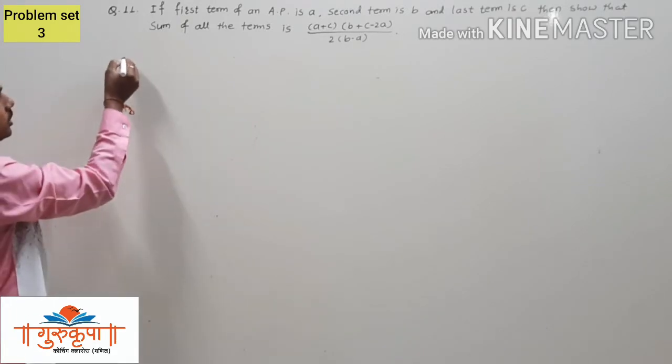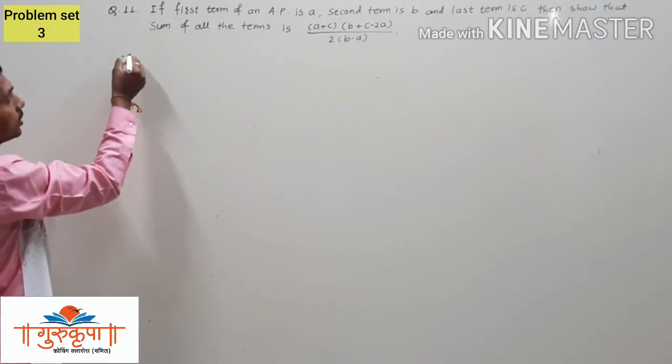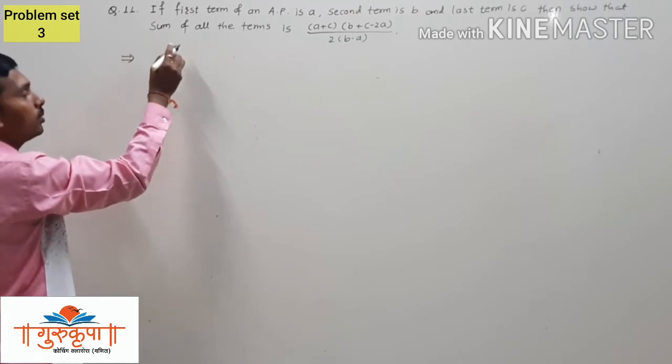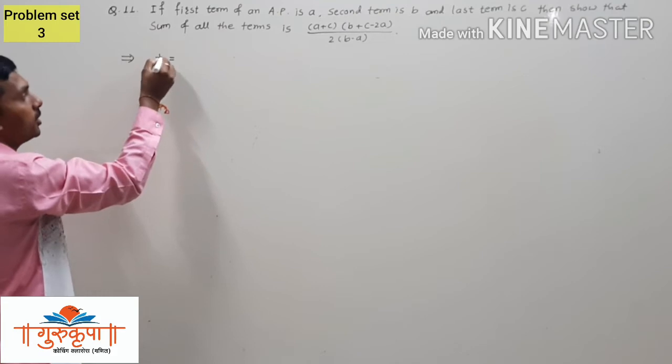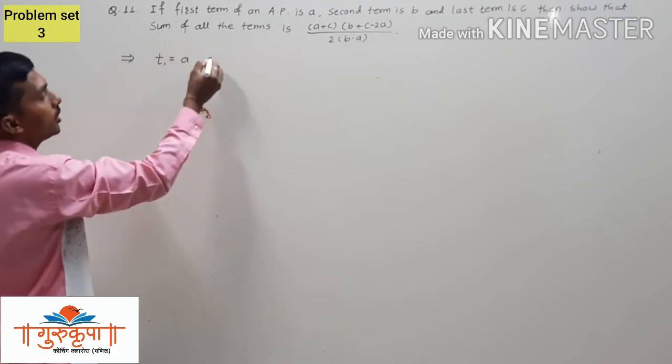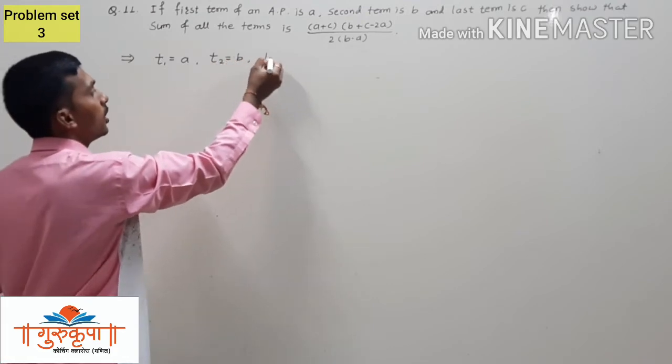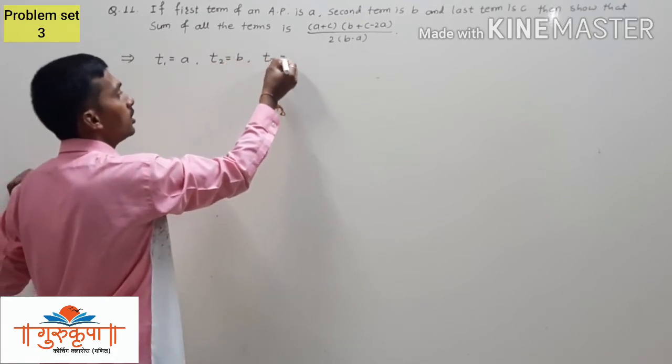So here we will write the information which we have available here. First term, that is a, is equal to a, or you can represent it as t1 is equal to a, t2, that is second term, is equal to b, and last term, that is tn, is equal to c.